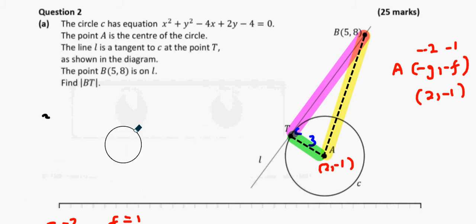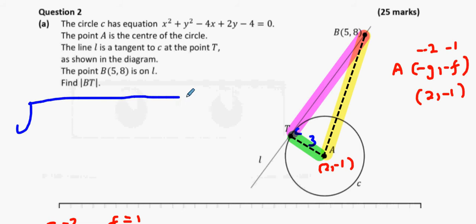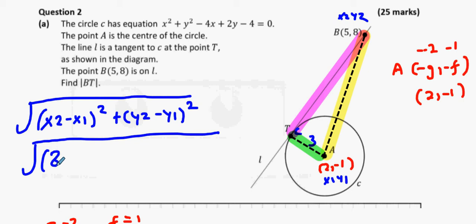All right, the distance formula for coordinate geometry is the square root of x2 minus x1 squared plus y2 minus y1 squared, and that will equal the distance of A to B. So call that x2, y2, x1, y1. Oh, sorry, x is first.